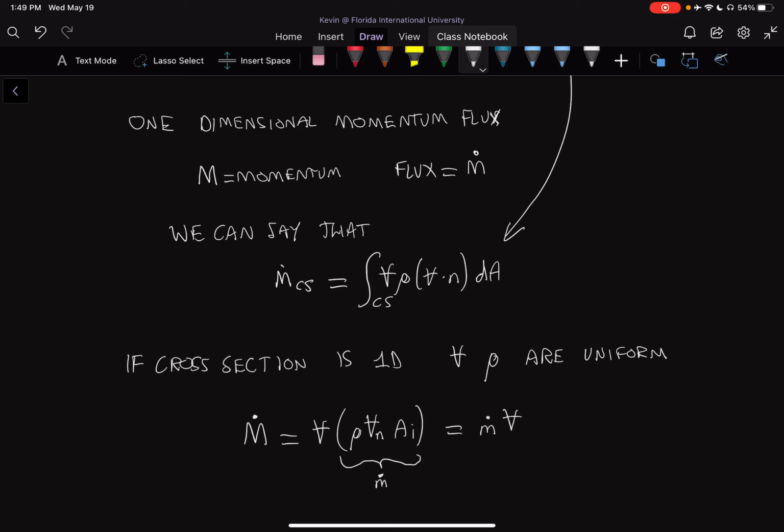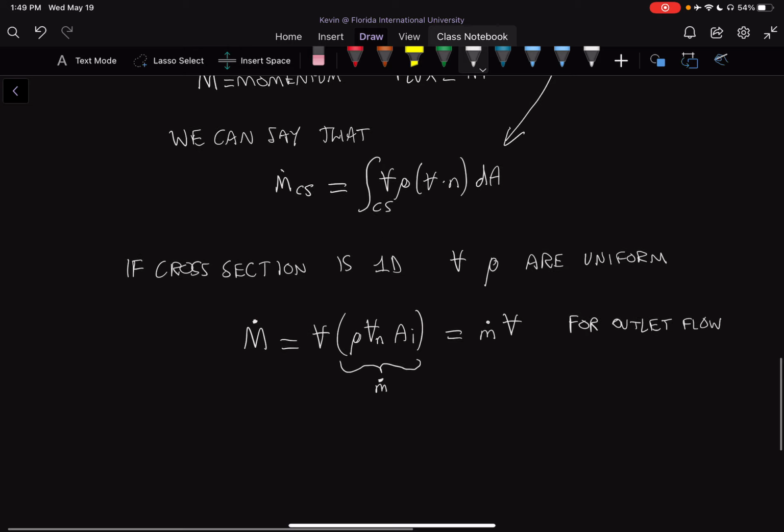This would be the equation for outlet flow, essentially. So if we have a 1D outlet, we know that the momentum flux is equal to m dot times v, mass flow rate times velocity.